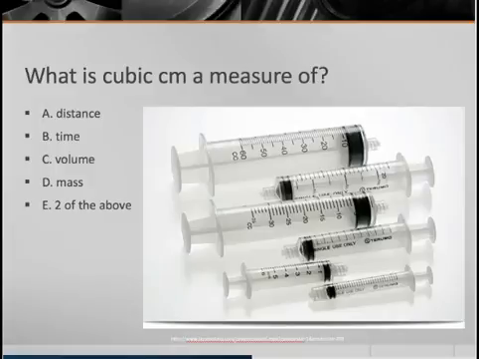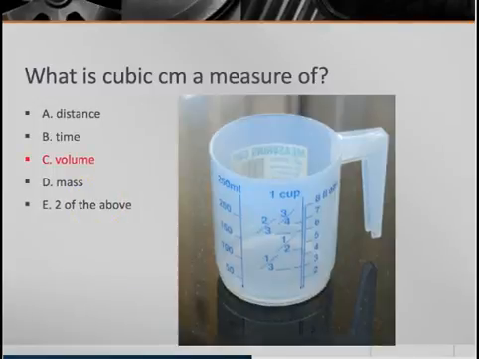The cubic centimeter is also a milliliter. Cubic centimeter and milliliter are the same thing, and they both measure volume, as you might guess with this picture of syringes. So here are the milliliters on a measuring cup, and you can see 250 milliliters and 1 cup are not equivalent, but similar.